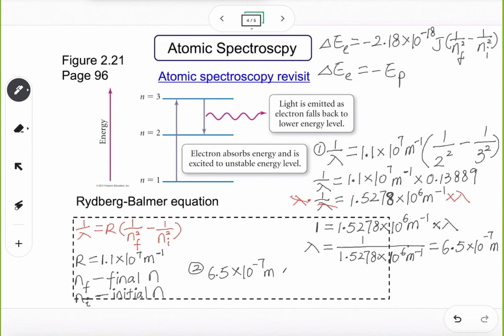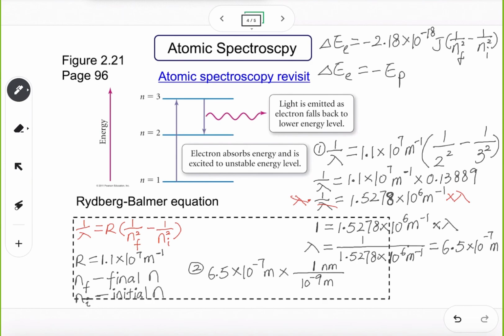So this is going to be a very simple unit conversion. We want to cancel meter, so the meter should be at the bottom, nanometer should be on top. We know that 1 nanometer equals 10 to the negative 9 meter. Okay, let me write this better. Negative 9.